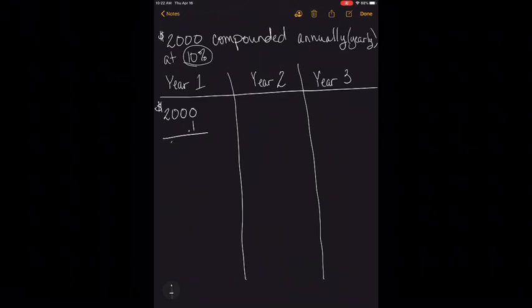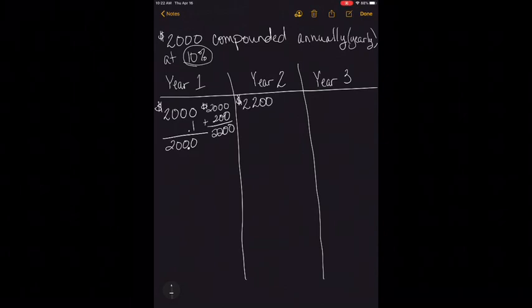We change our percent to a decimal, so that's 0.1. And so she earns $200. At the end of 1 year, she has her $2,000 plus the $200. So $2,200 after 1 year.